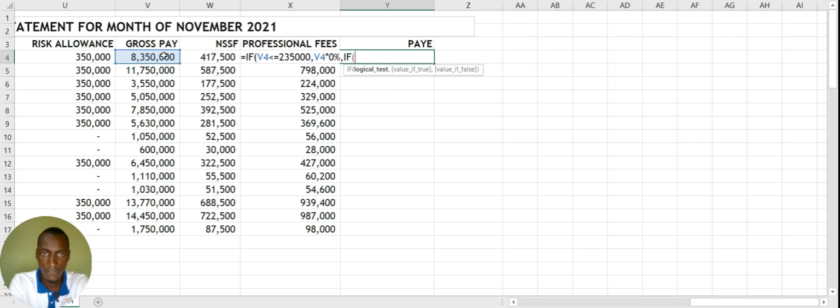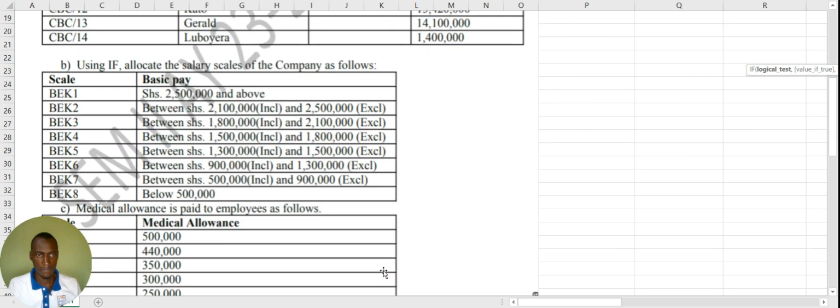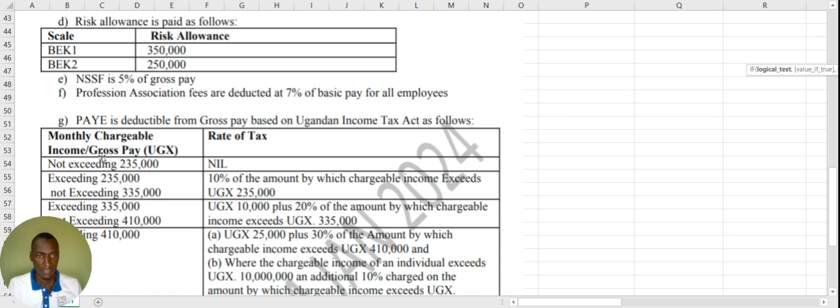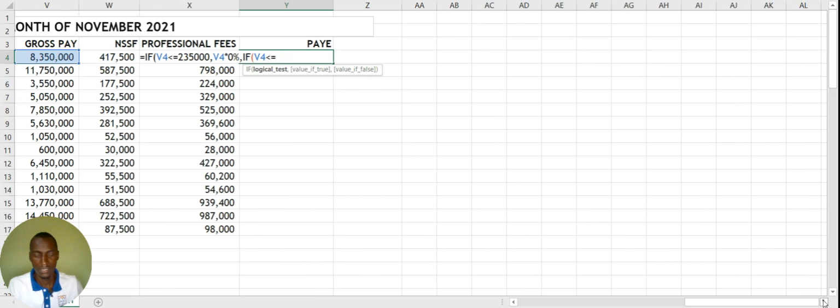Then if this gross pay is less than or equal to what? Let's check the second one. Exceeding 235,000 but not exceeding 335,000. So I will be using these upper limits, not exceeding 335,000, so less than or equal to 335,000, then comma.